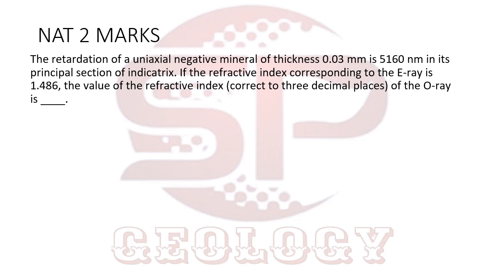We come to the next question: the retardation of a uniaxial negative mineral of thickness 0.03 mm is given, and retardation delta is given as 5160 nm.